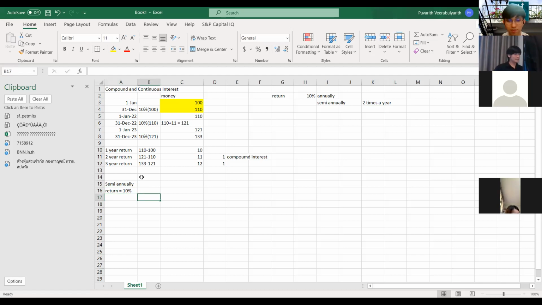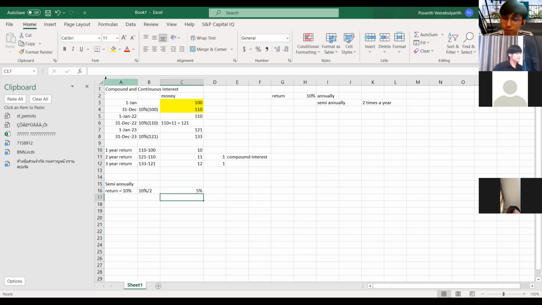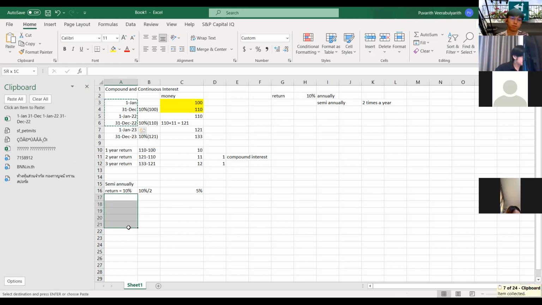So if 10 is divided by 2, it means that you will get 5% per time. Okay, so let's look at the numerical example. I will copy this, sorry, copy only this.